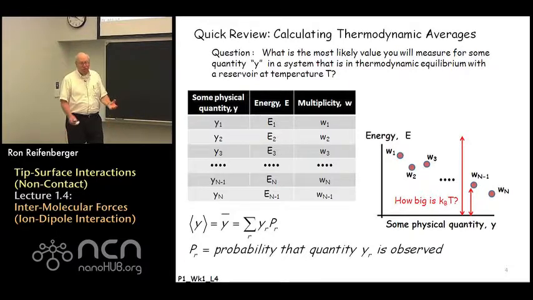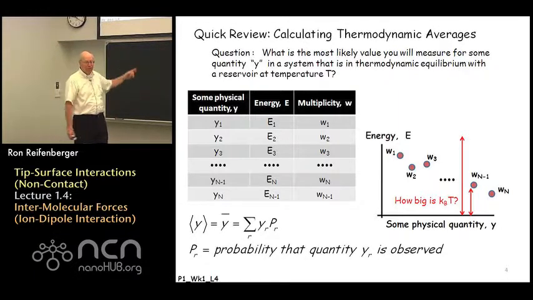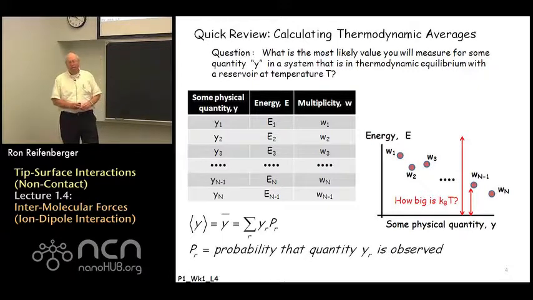And then the thermal average of Y, which is represented by this angle bracket notation, is represented by the sum of all possible values of Y times the probability that each possible value of Y occurs. That's p sub r, right? And the thermodynamics comes in calculating this parameter p sub r. That's where the thermodynamics of the problem arises.